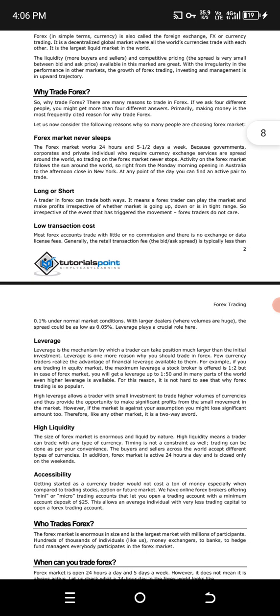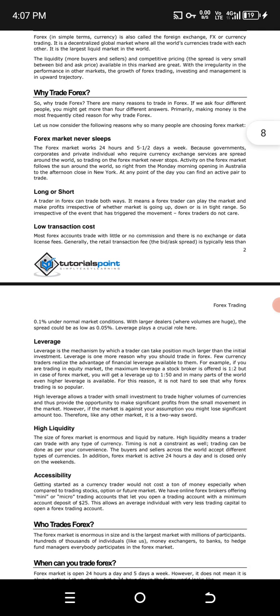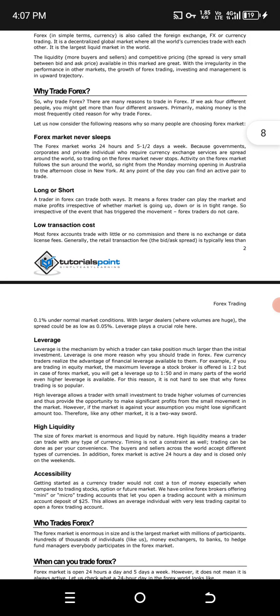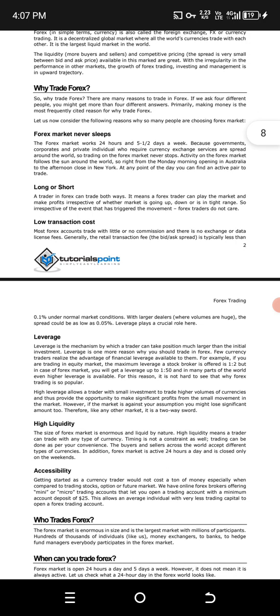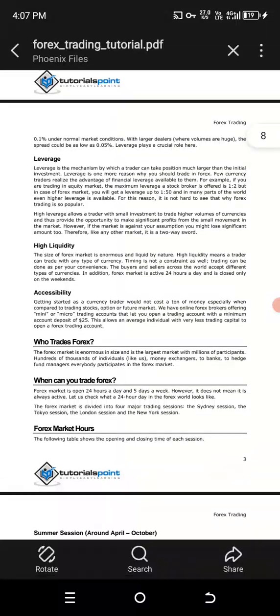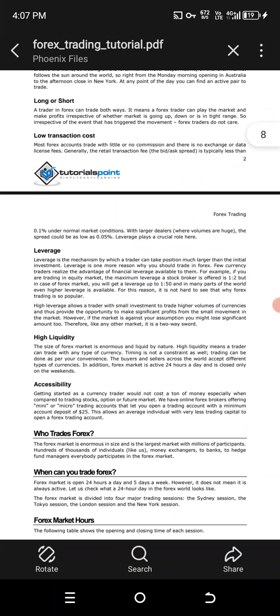So due to different time zones, all these time zones are interconnected. That's why it never sleeps. So even when one bank closes, that might be the beginning of another bank, so it does not close. The only time it closes is on Saturday and on Sunday. Why? Because workers need to rest. So as simple as that.